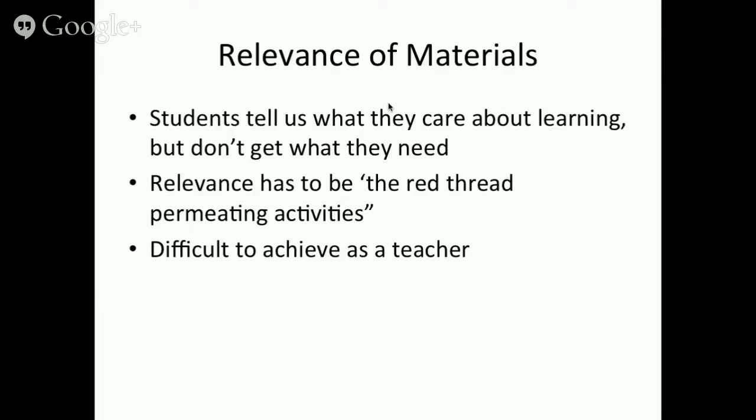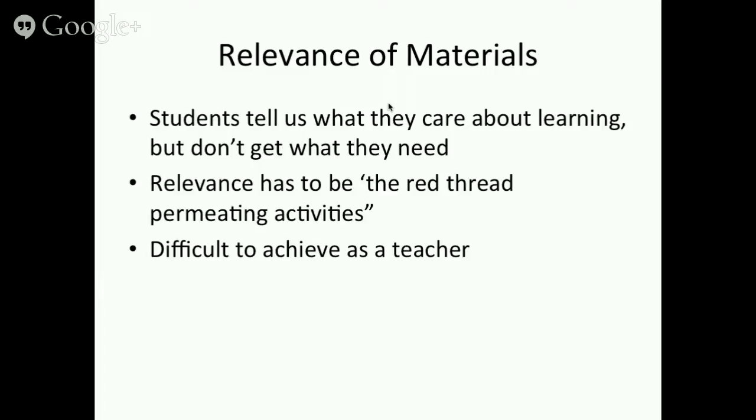Okay, and so something that helps with this is to have relevant materials. As the book says here, students tell us that they care about learning, but they don't always get what they need. Okay, so I think that's a really important thing to remember. So students want to learn.